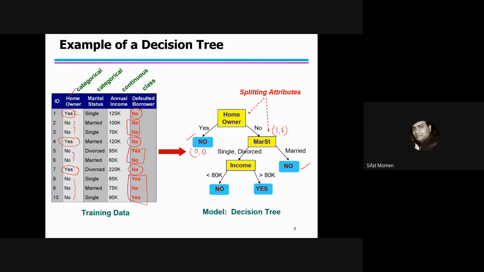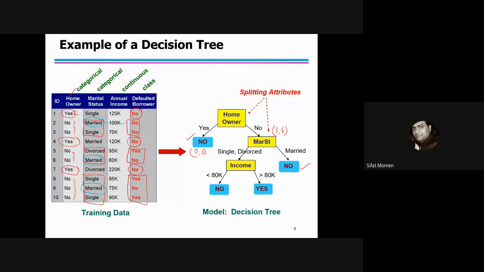Now look at these 7 instances, by marital status. Which ones are married? Let's take a different color. This is married, this is married, and this is married. How many married are there? 3 married.